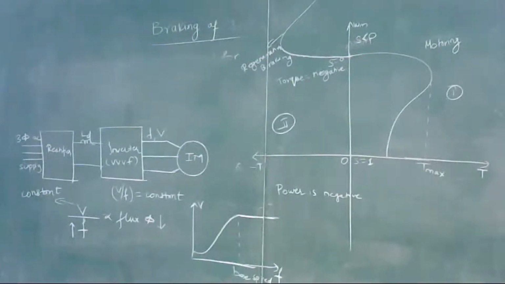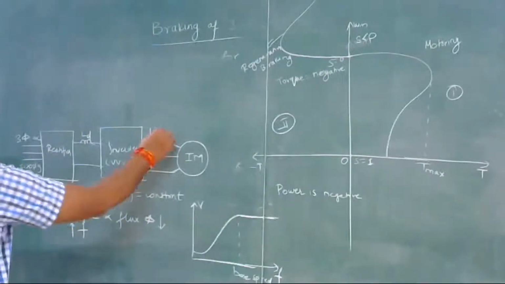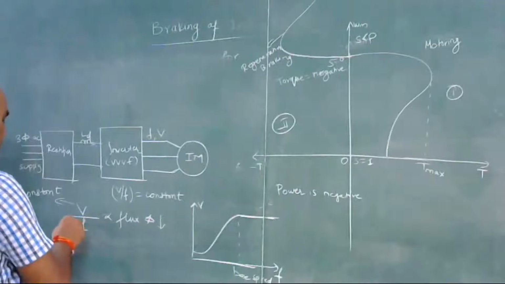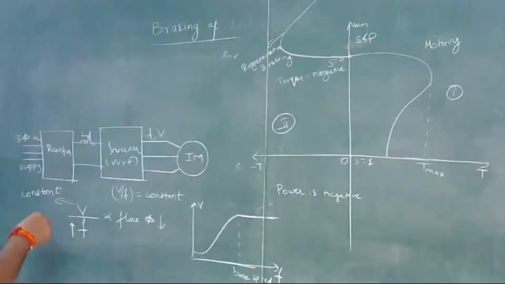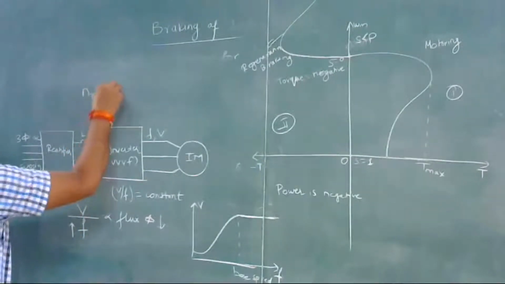So we can vary the frequency of the output voltage in such a manner that when frequency is increased, rotor speed will also increase.